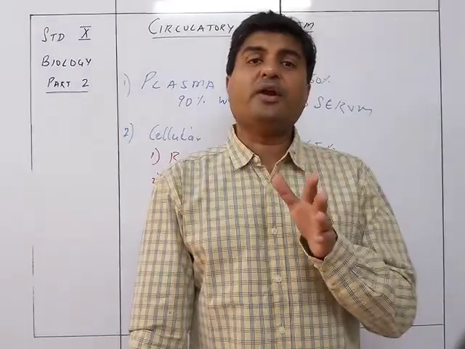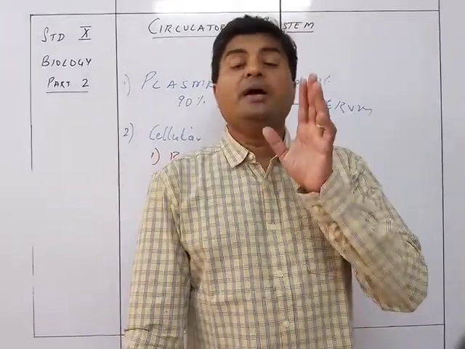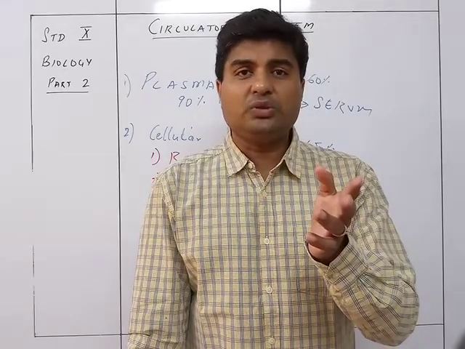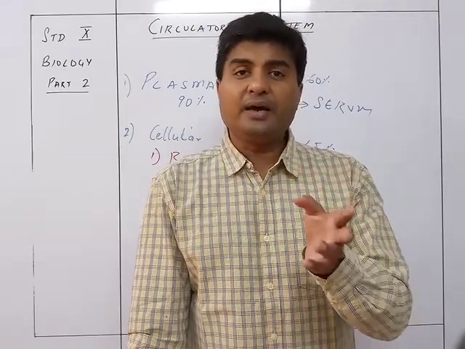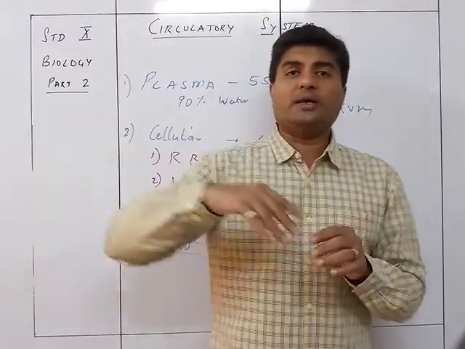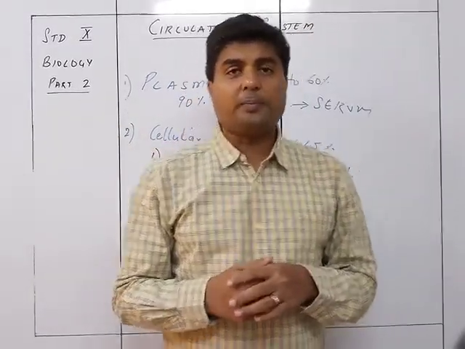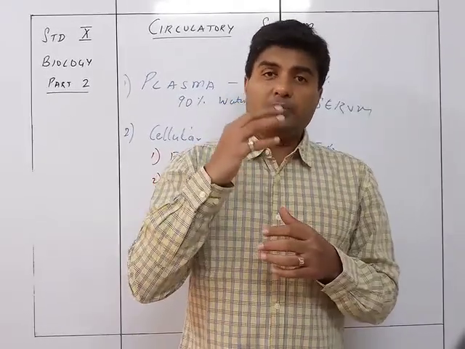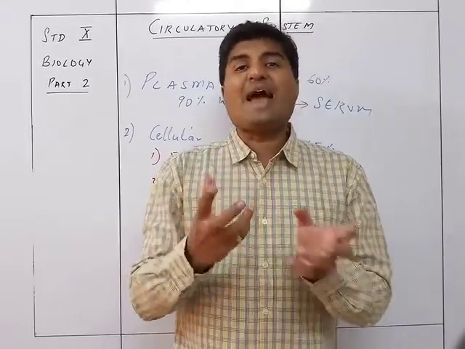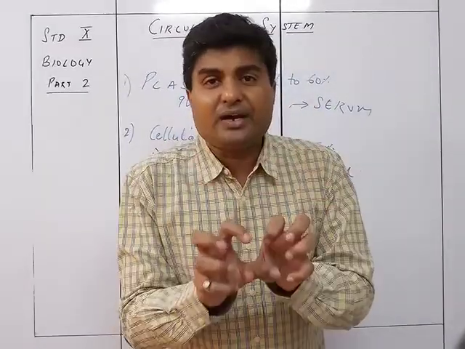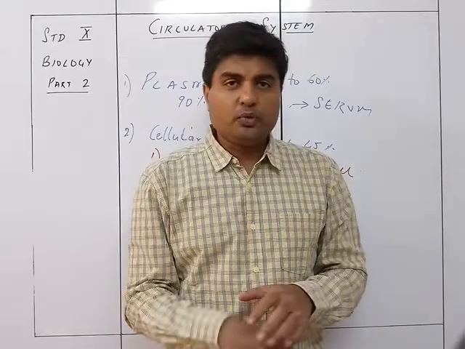Now the reason for it to be unstable is that if it were stable, it would not be able to give away the oxygen to the needy tissue. But because it's an unstable compound, oxygen can immediately go to another organ or tissue where oxygen is required. So the hemoglobin does not react completely with the oxygen, but is just a carrier of oxygen to the different parts of the body.